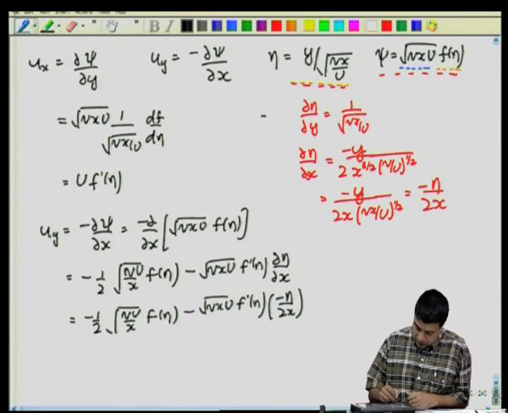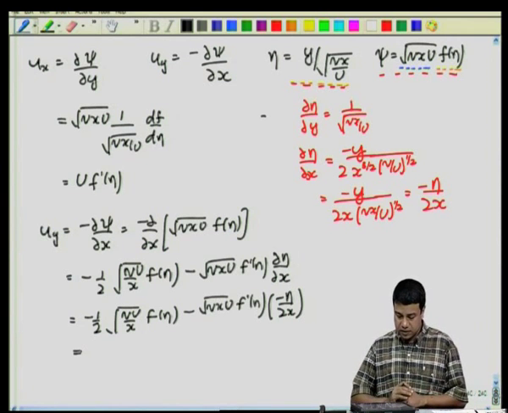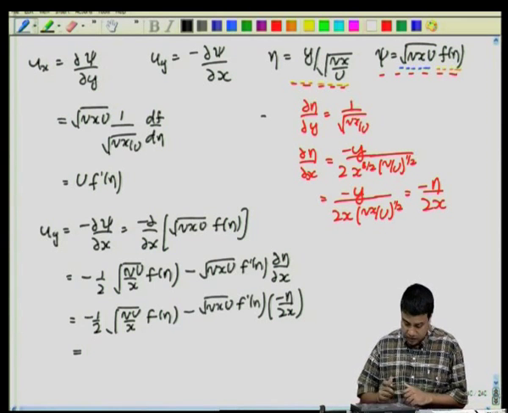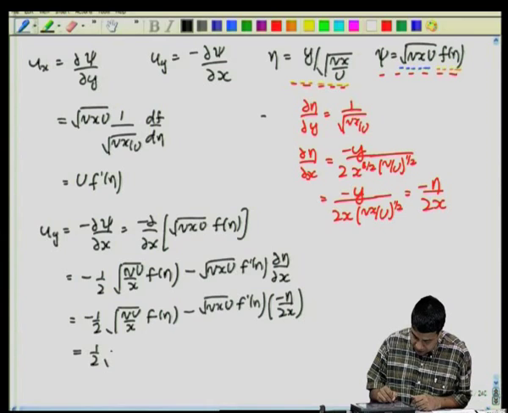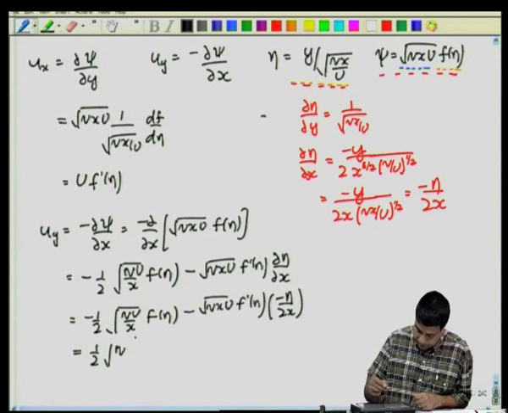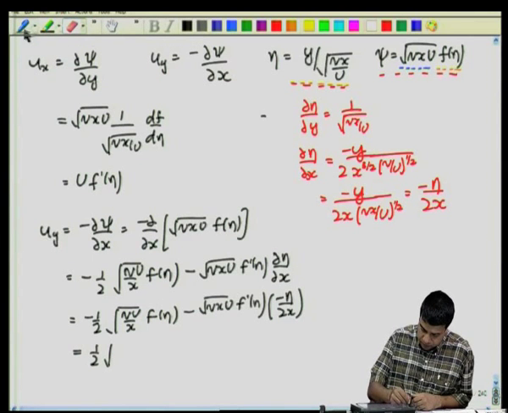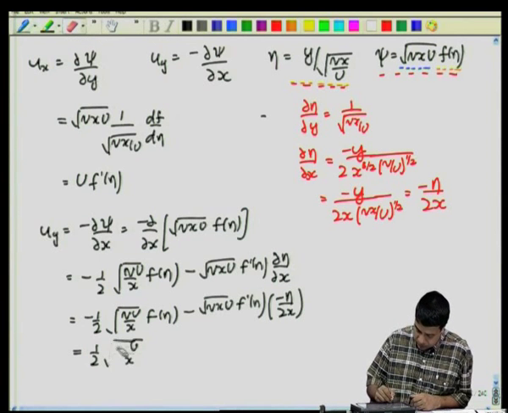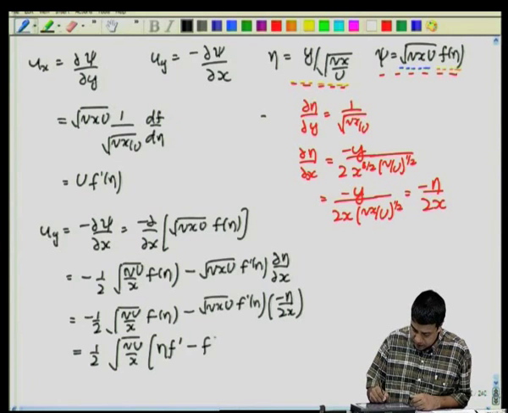So, this I can combine. As you can see, I get a common factor of square root of nu x by u times a half outside. So, I will get half square root of nu u by x into eta f prime minus f.